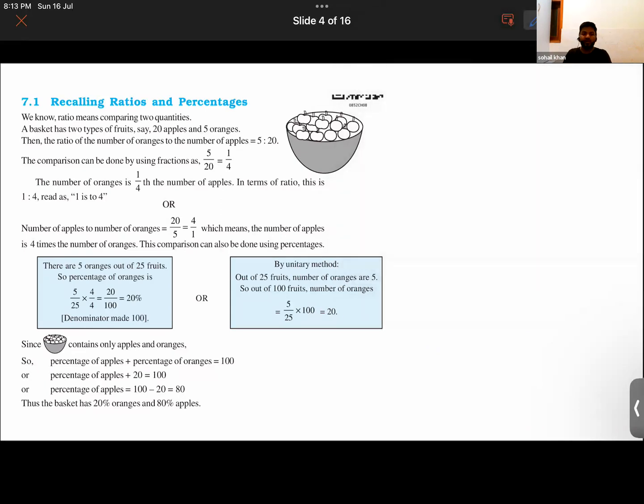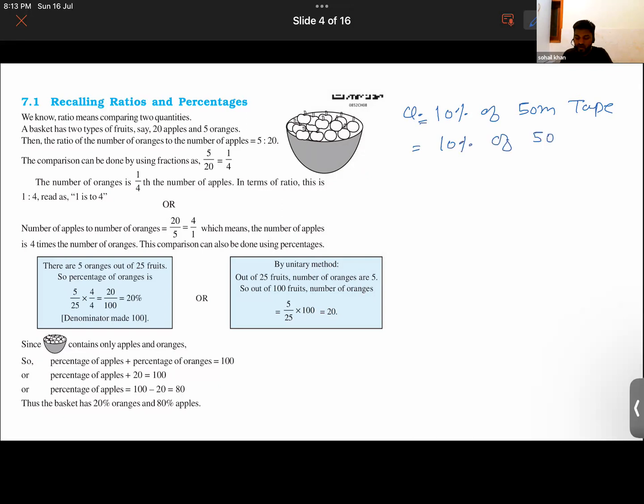Suppose you are provided to find out 10% of 50 meter tape. So how would you find that? You will find it like this: 10% of 50.